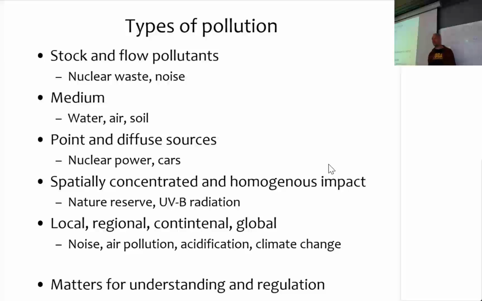Big difference is that if you solve the noise pollution, you've solved the problem, right? The problem is gone. And that means that a one-time intervention is often enough, and you don't need to worry about what happens after the next election, right? Whereas if you're dealing with a stock problem, you need to design your regulations such that, if you care about the environment, such that it will survive the next election and the election after that, right? And that's a very different approach in policy making.